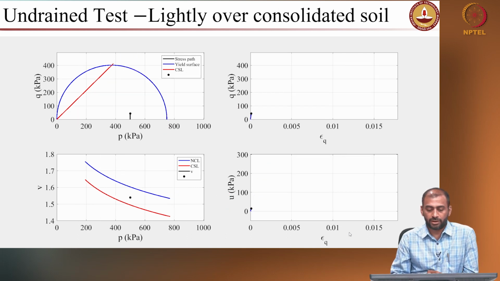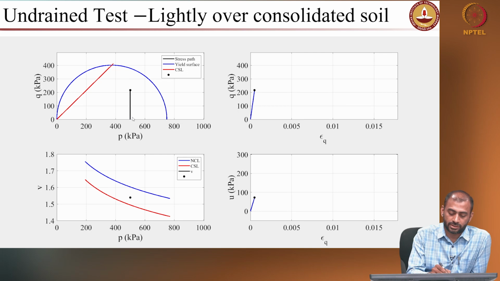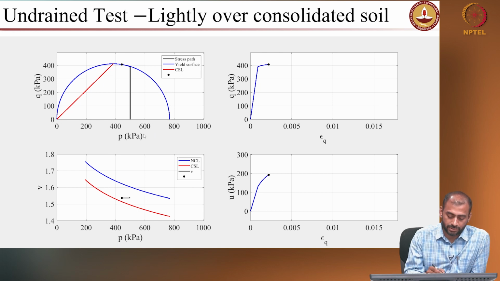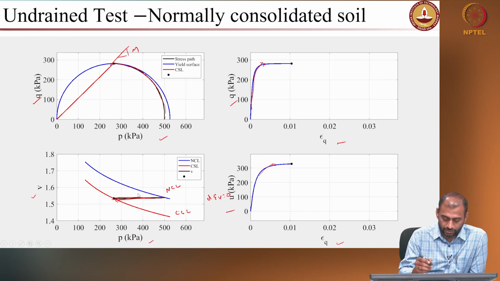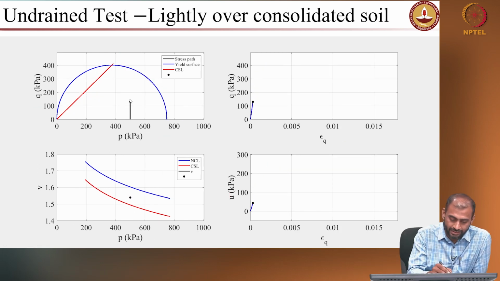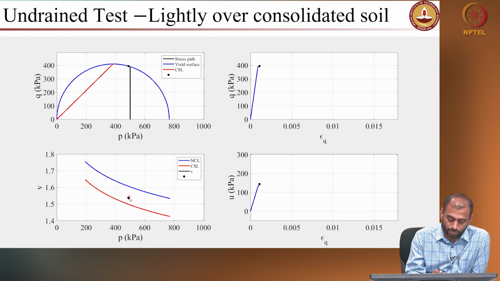Now, when you have a lightly over consolidated soil, you have a slightly higher pre-consolidation pressure. So, you start at a pressure which is slightly lower than the pre-consolidation pressure. Until it reaches the failure locus, when the material is deforming elastically, there is not much volume change happening.